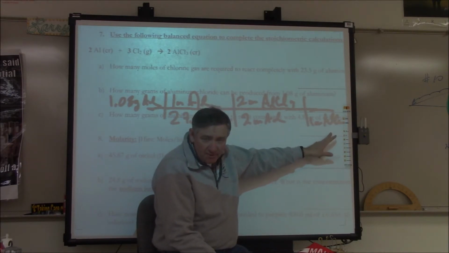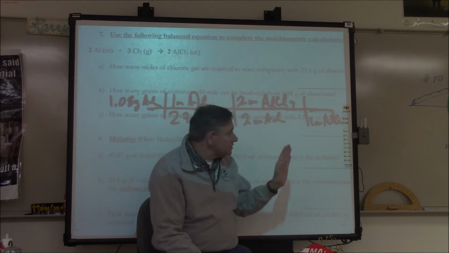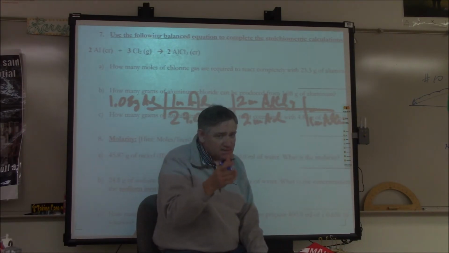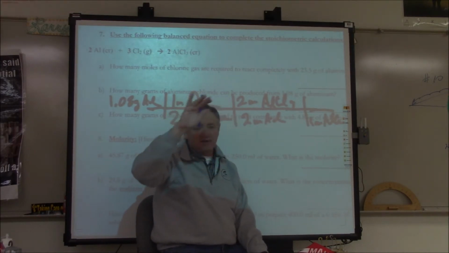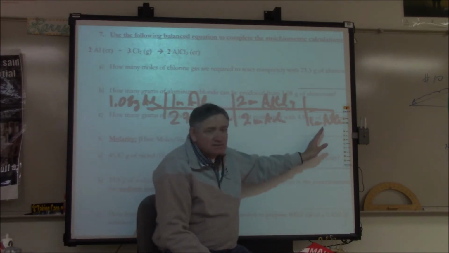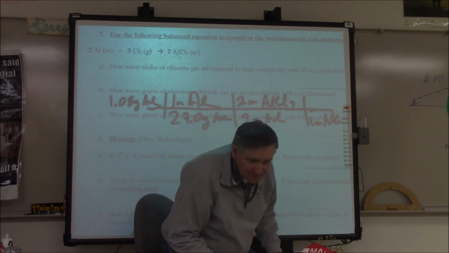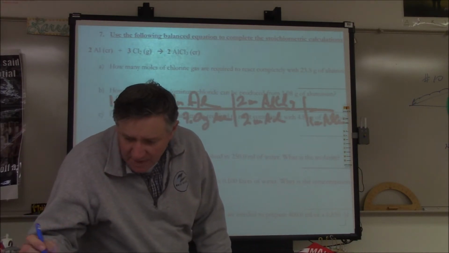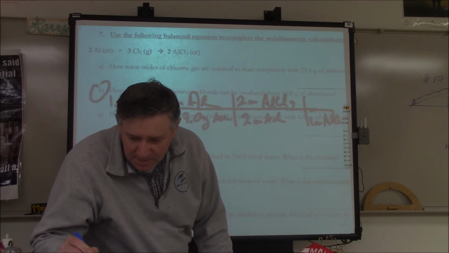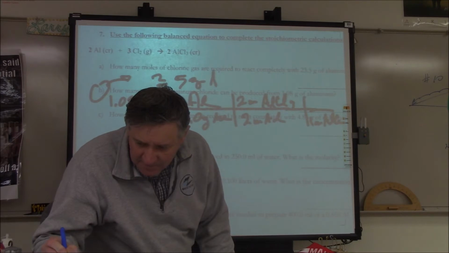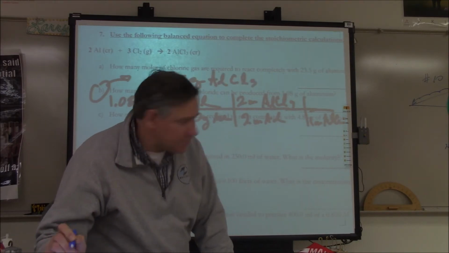Use 35.5. As a minimum, when you're doing molar mass calculations, at least go out to the tenths place. You don't have to go out to the thousandth place, but at least go out to the tenths place. So, if all goes well on B, your final answer for B should be around 5 grams of AlCl3.